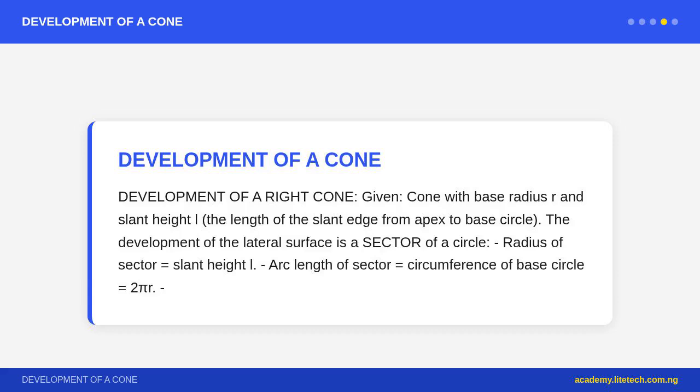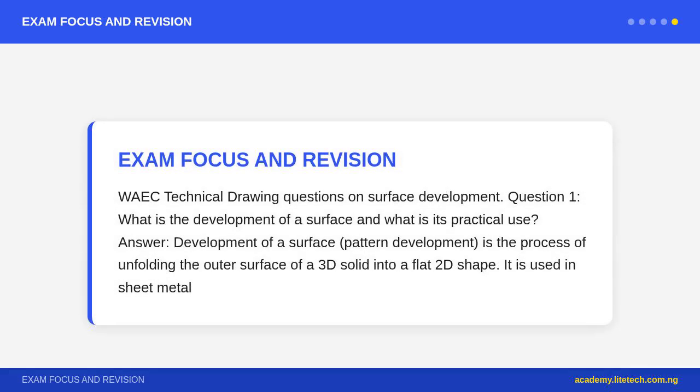Question 5. A right cone has base radius 40 mm and slant height 100 mm. Calculate A, the sector angle for the development, and B, the height of the cone. Answer A. Theta equals r/L times 360 degrees equals 40/100 times 360 degrees equals 0.4 times 360 degrees equals 144 degrees.